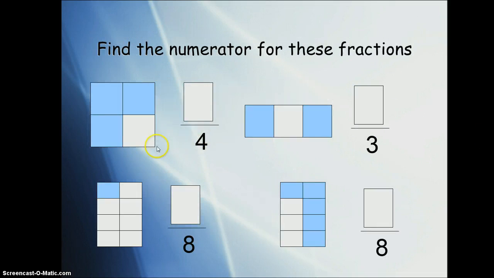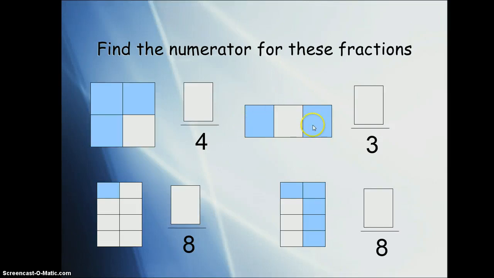Out of the 4 shapes total, how many are colored in? If you said 3, that is correct. Out of this whole shape, there are 3 altogether, which is our denominator. What would the numerator be? If you said 2, you were correct.